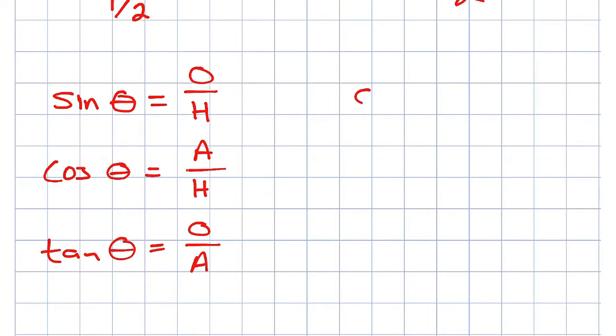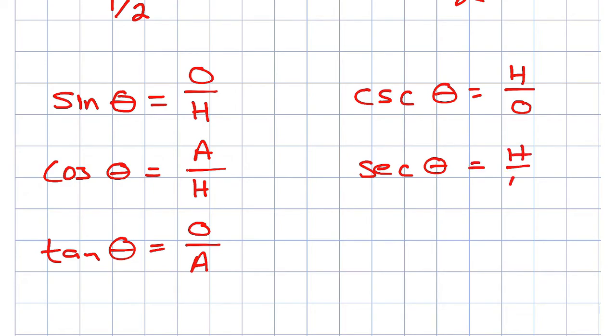We can also get the cosecant. That's the reciprocal of the sine, so that's the hypotenuse over the opposite. The secant is the hypotenuse over the adjacent. And the cotangent is the adjacent over the opposite.